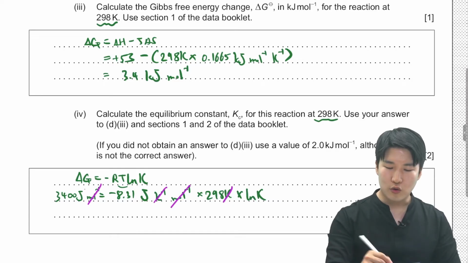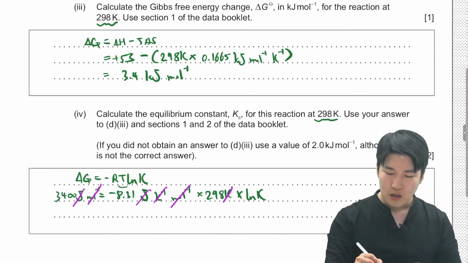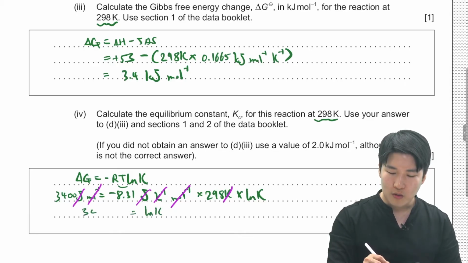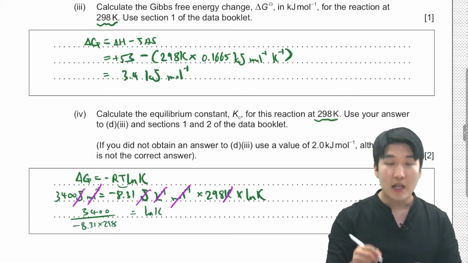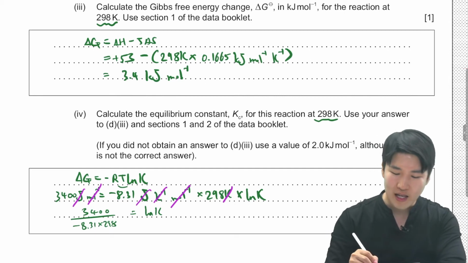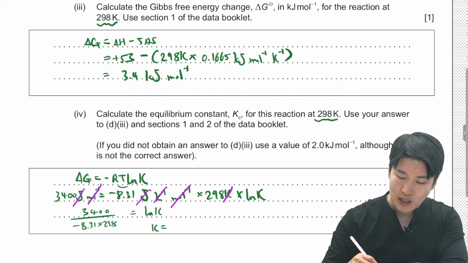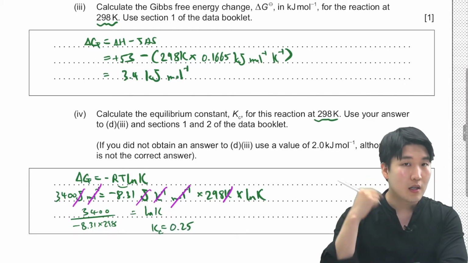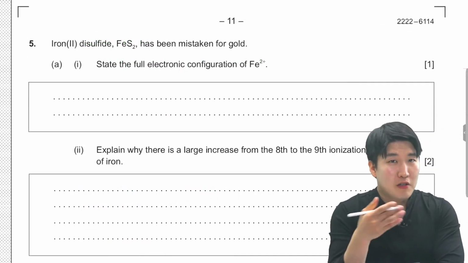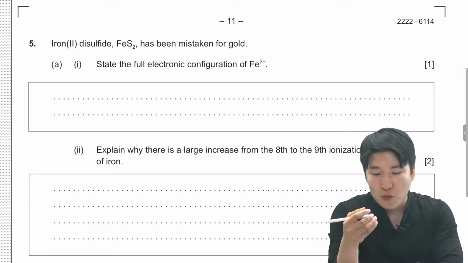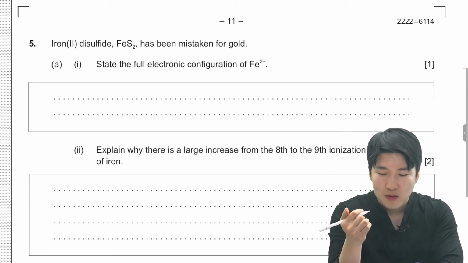Mole, joules, puts us in a nice position to work out K value as ln K will equal 3,400 over minus 8.31 times 298 Kelvin. K will be the exponential of that, and if we put the values into calculator, Kc is going to be 0.25.